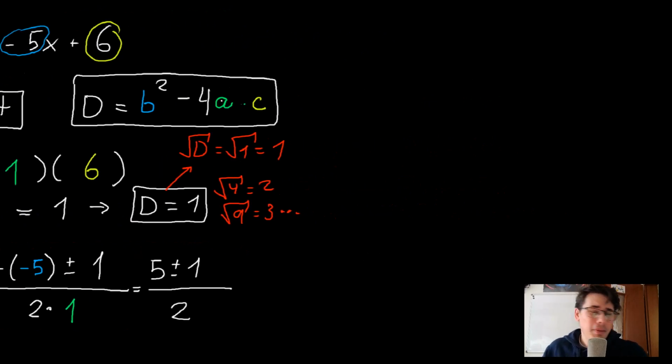Now what do you do with the plus minus? What does it mean? Plus minus means that we have 2 options and we have to explore both of them. It's like go to the left and go to the right. The first one is 5 plus 1 divided by 2, which is 6 divided by 2, which is 3.